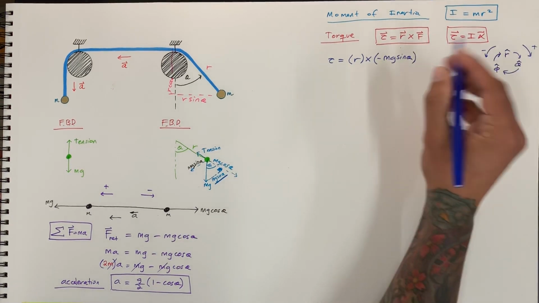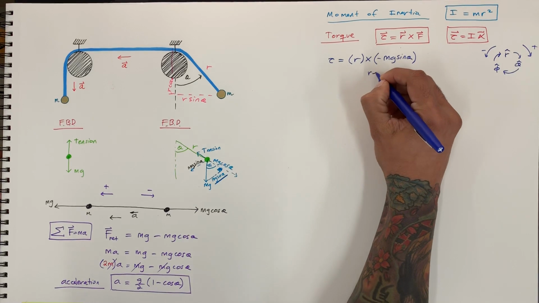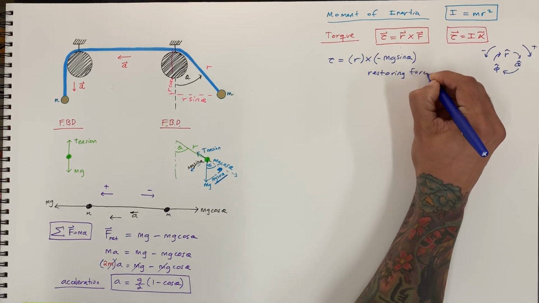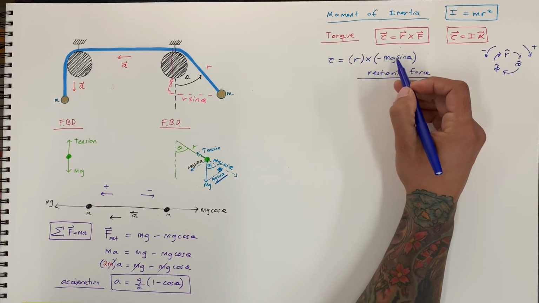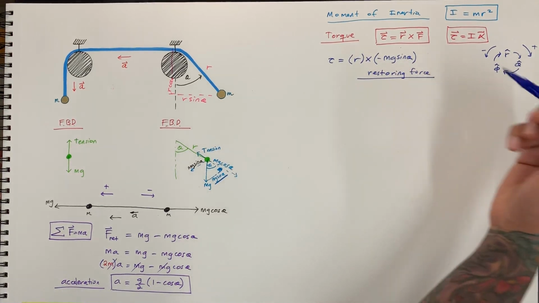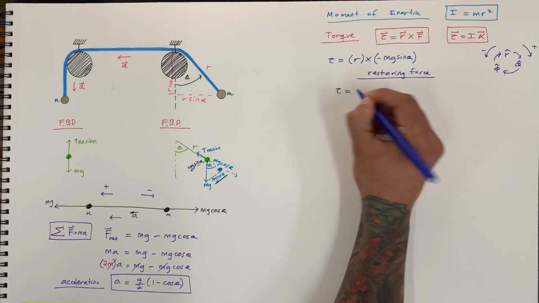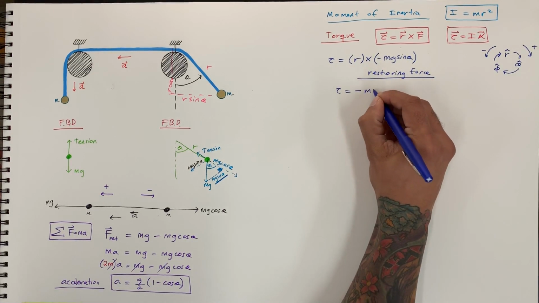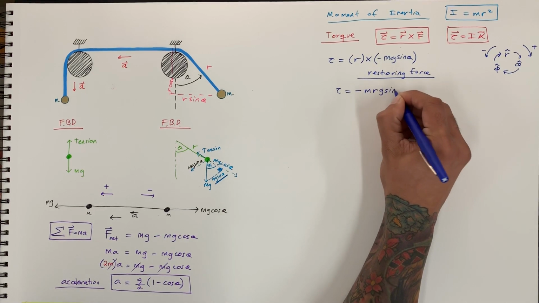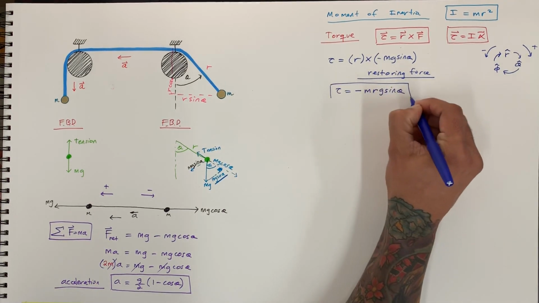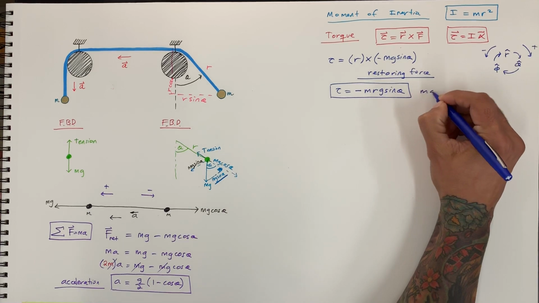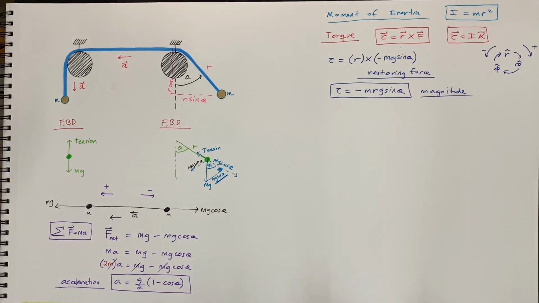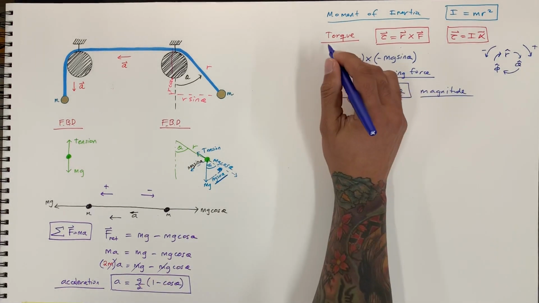Okay, it's called the restoring force. So this is the restoring force, and that's always negative. Okay, so the restoring force down, negative. So we're going to have tau is equal to negative mrg sine theta, and this here represents the magnitude of our torque.